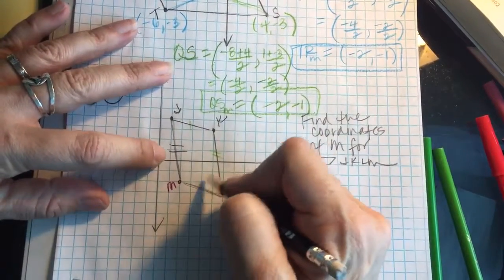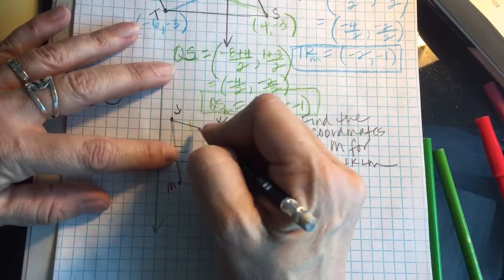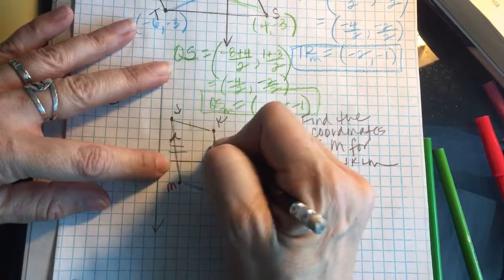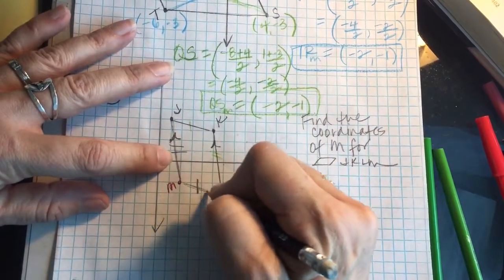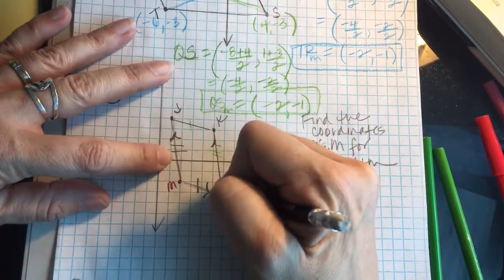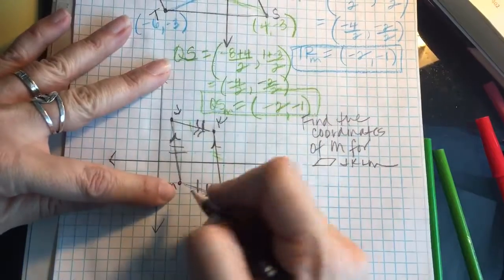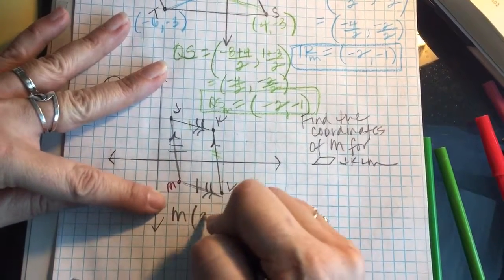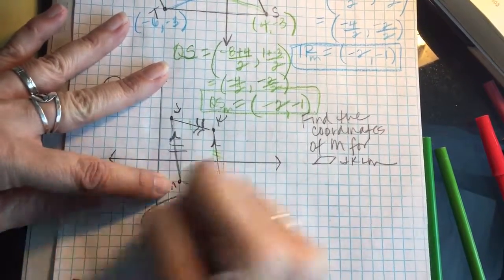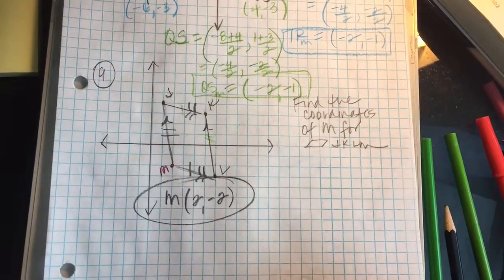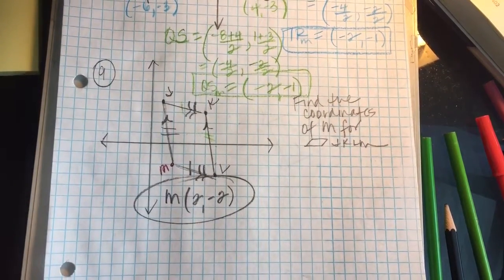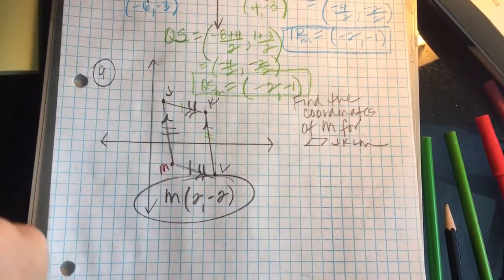I've got these parallel to each other and congruent, and now I have these that are parallel to each other and congruent. So my M needs to sit at 2, -2 to finish that parallelogram for number 9. That wraps up 7-2 work.